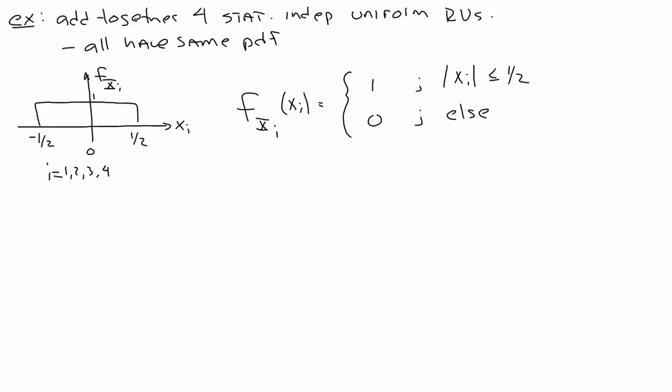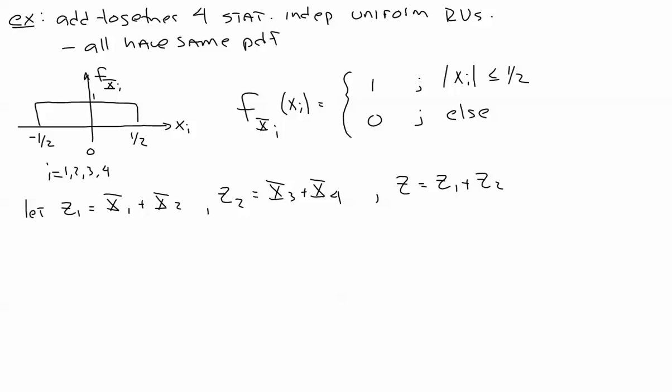Now, if we consider 2 of them together, what I'm going to first do is convolve 2 of them. I'm going to let Z1 equal x1 plus x2, Z2 equal x3 plus x4, and then later on the composite random variable Z will be Z1 plus Z2.